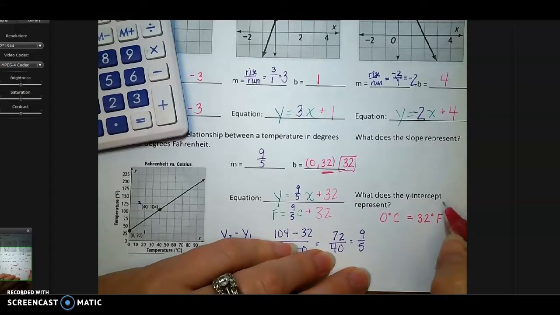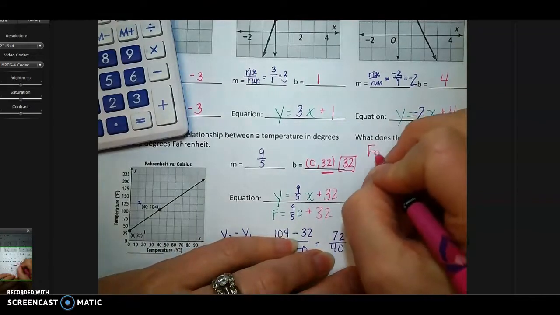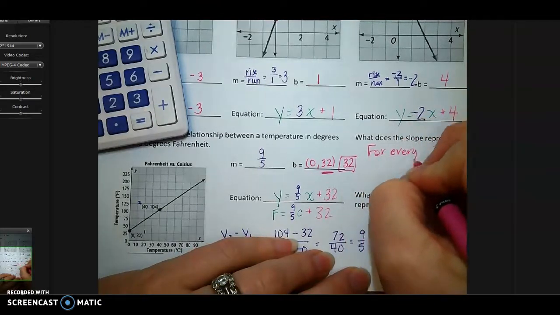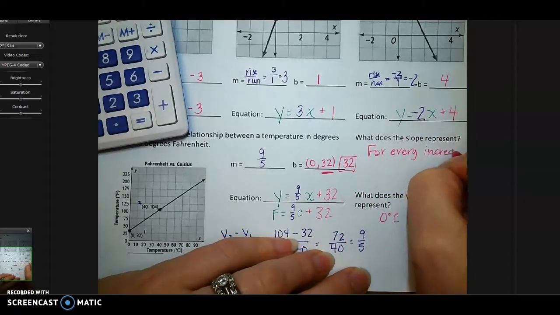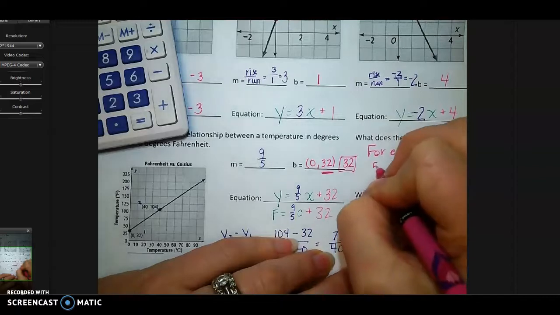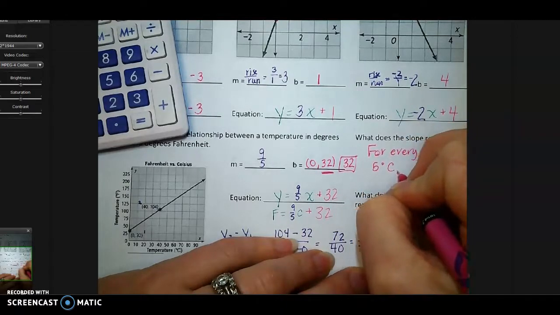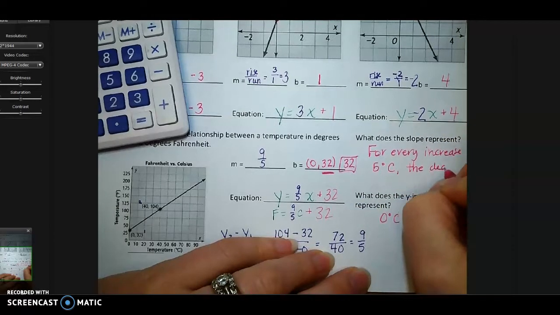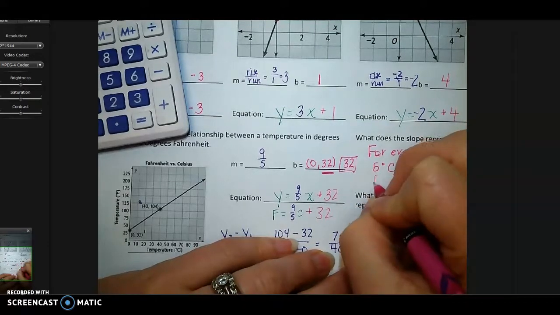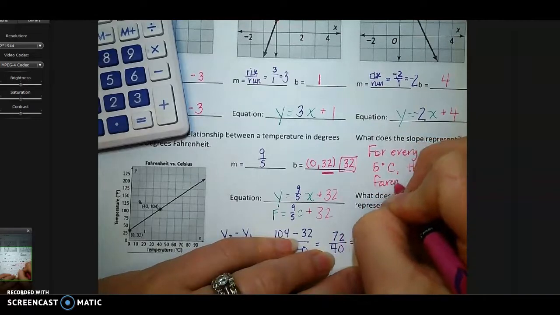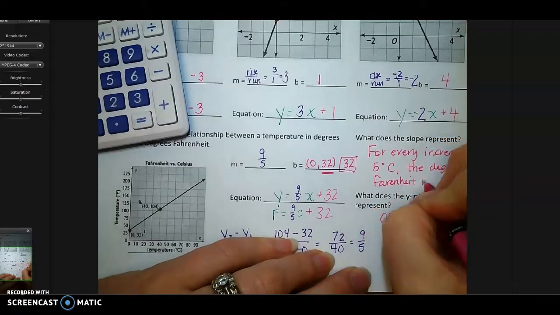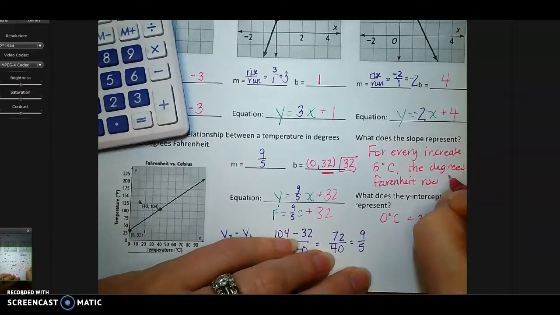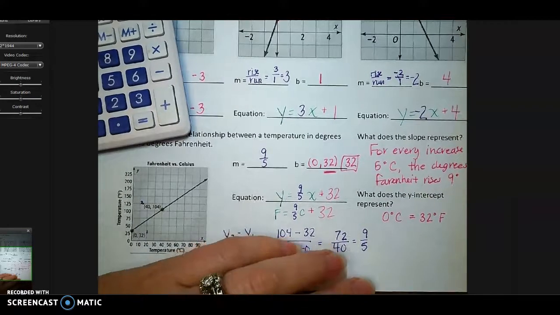The slope represents that for every increase of 5 degrees Celsius, the degrees Fahrenheit rises or increases by 9 degrees.